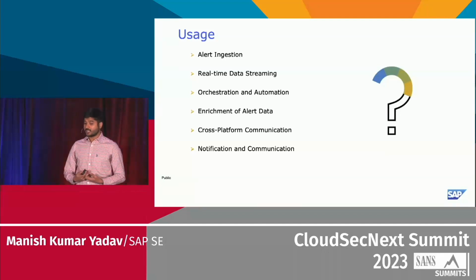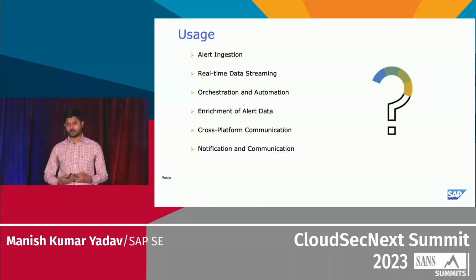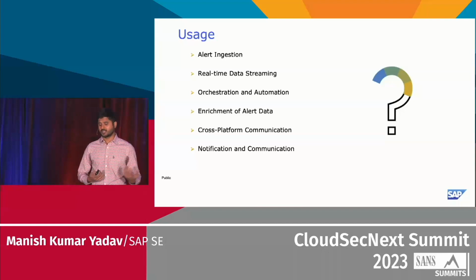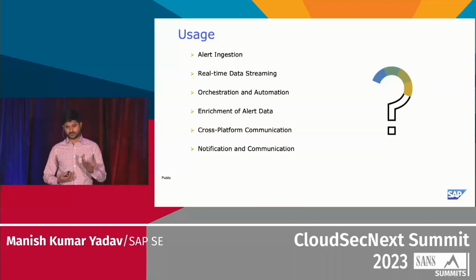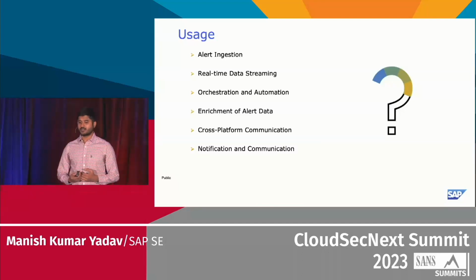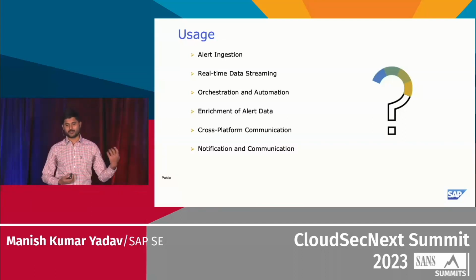It also provides orchestration and automation when you use other automation tools to create resources or scale those resources. You also do the authentication and scaling, or creation or deletion of resources, everything through the API. Then it also comes with enrichment of alert data. Whatever you get from one system, maybe you want to correlate that and get meaningful information for your security teams, or other teams.